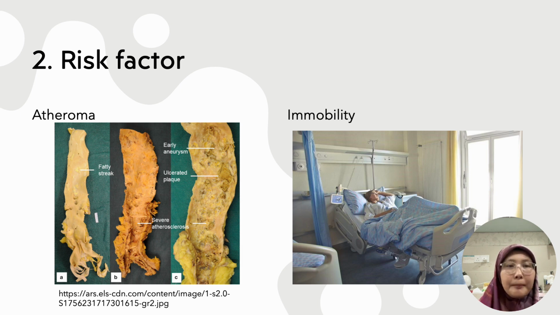In the mild type, you can see fatty streaks. In severe atherosclerosis, there are ulcerated plaques, and they will develop aneurysms. For venous thrombosis, the risk factor is immobility. The patient might be prolonged bedridden due to fractures, trauma, or post surgery.